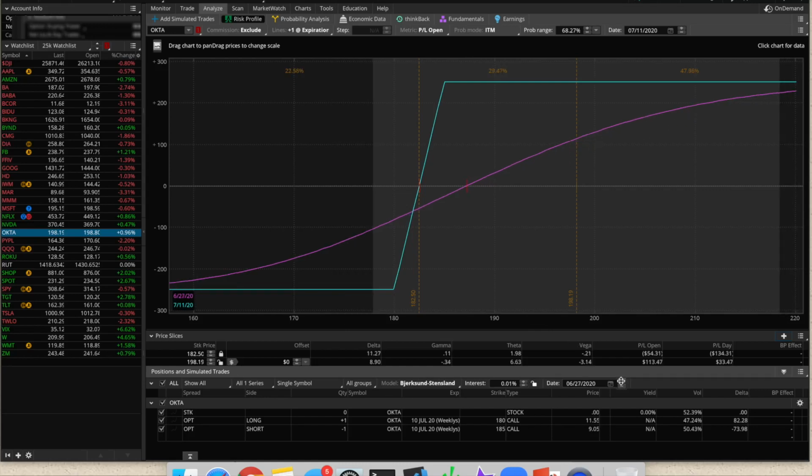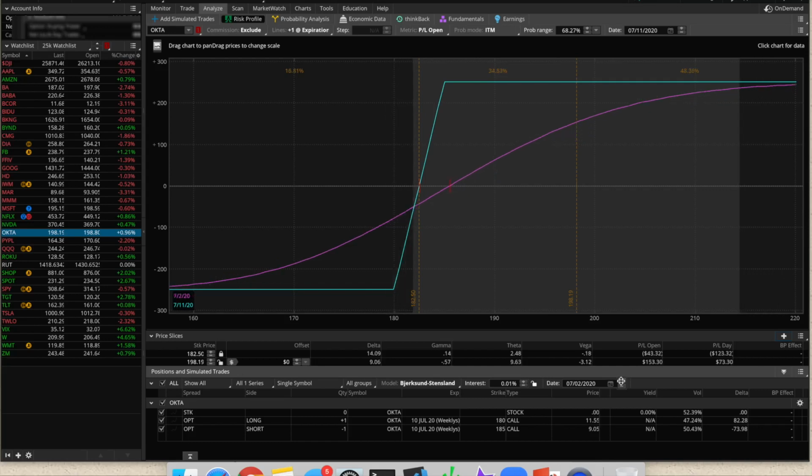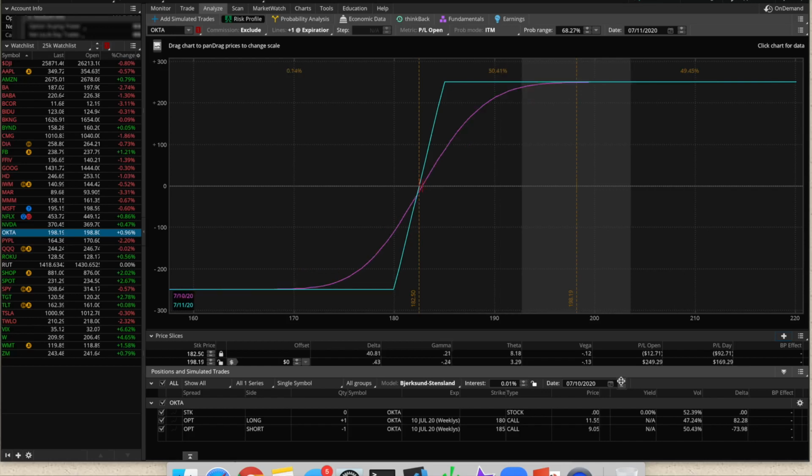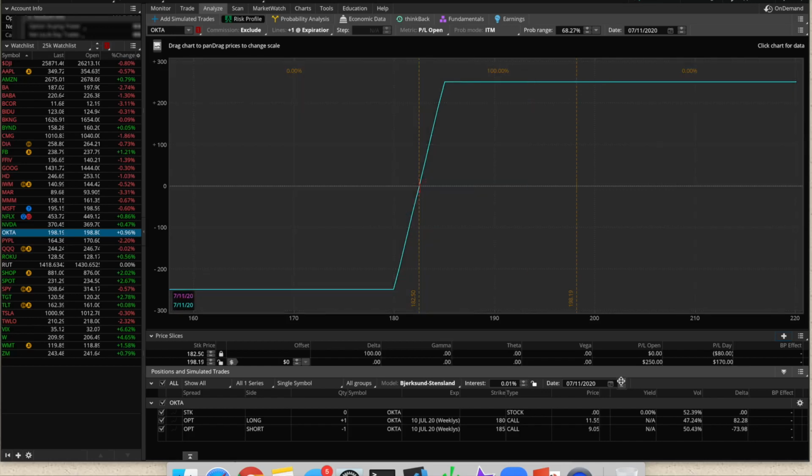So I'm going to fast forward. See how the profit is increasing as the time window is coming close, and how the pink graph is now beginning to look like the blue one. So this is the expiration, 7/11. And on this date, if the stock expires at 198, look on this side. Both these values are exactly the same. They're at 250.